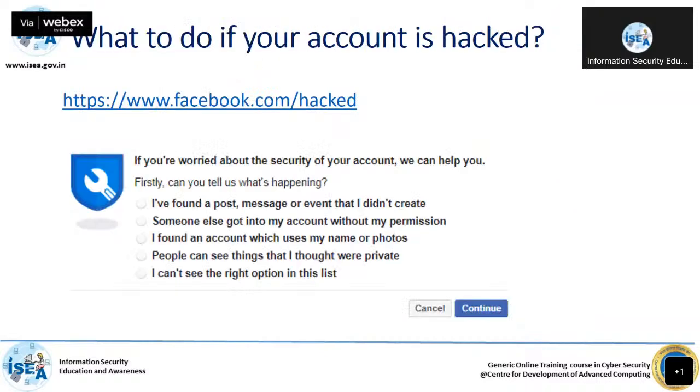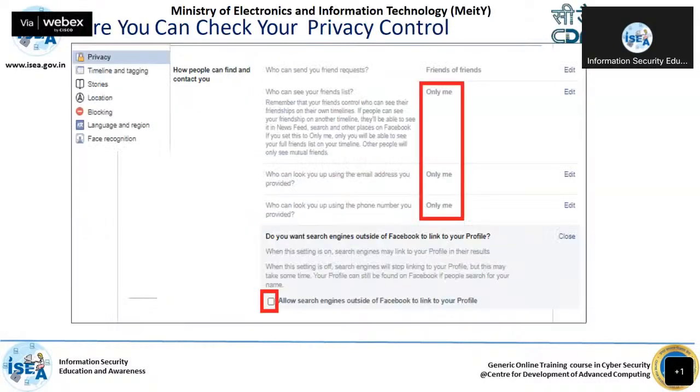Okay. And one more thing, nowadays Facebook also has something called off-Facebook activity. For example, whether you use Facebook or not, the things you are doing on your mobile phone, that data is deposited in your Facebook account. You can check that off-Facebook activity.